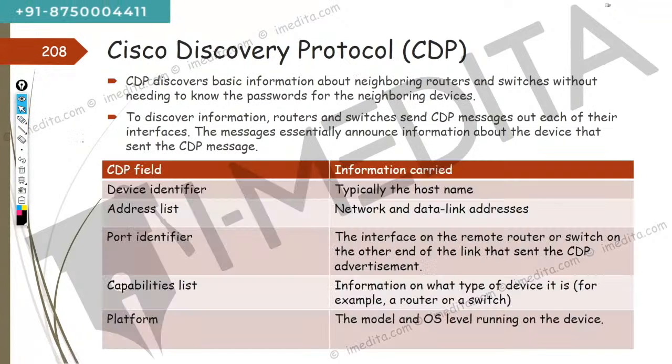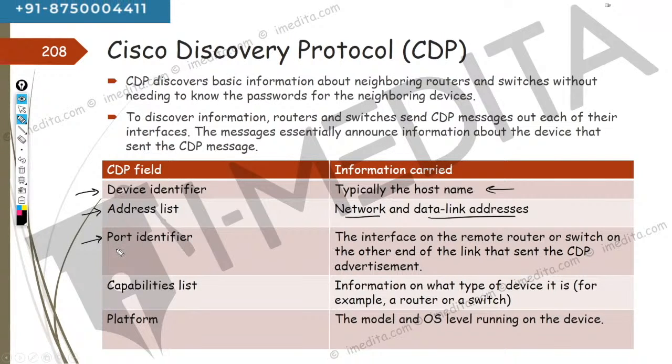Now, the common fields that are carried: one is a device identifier, and typically this is the hostname of the device. Every networking device has a hostname, so that is carried in this message. Apart from that, sometimes the network and data link addresses are carried.